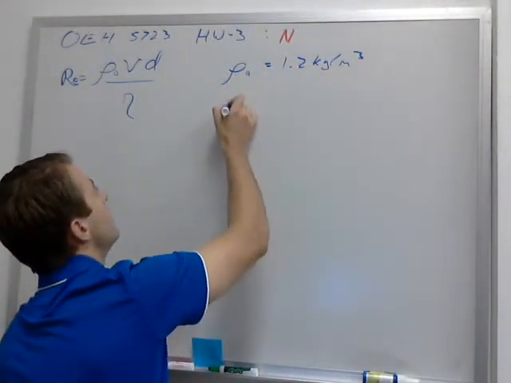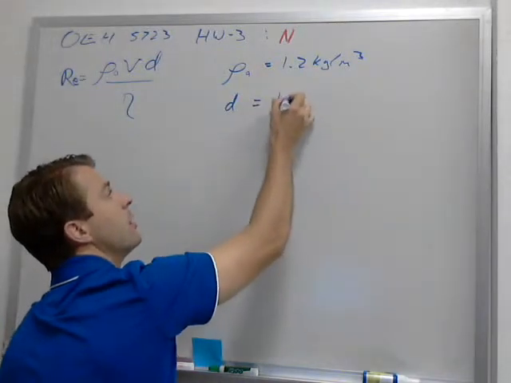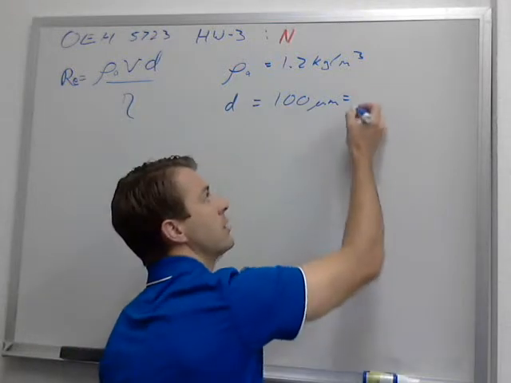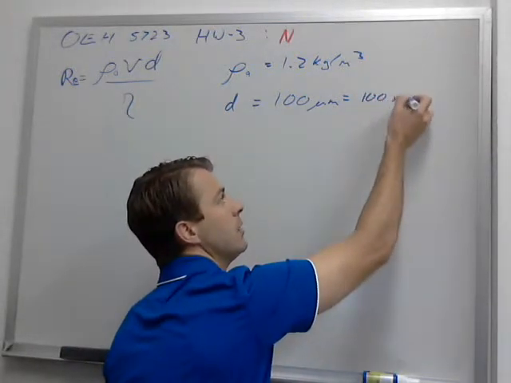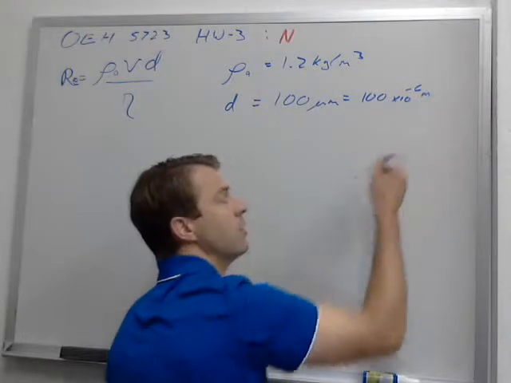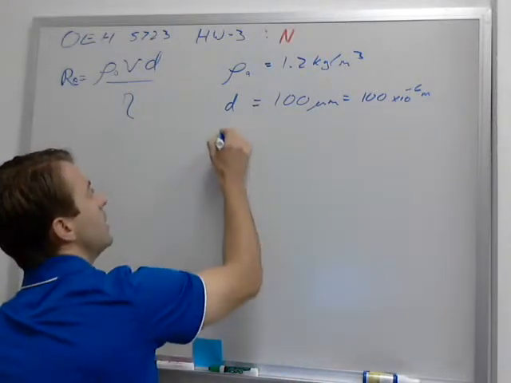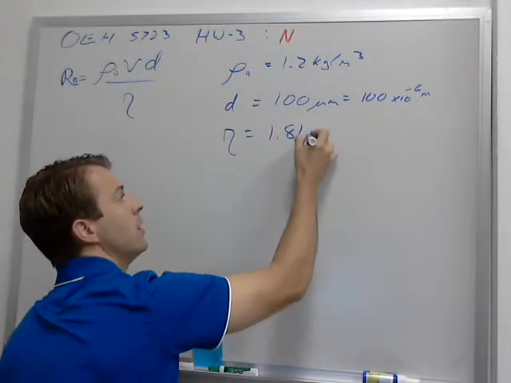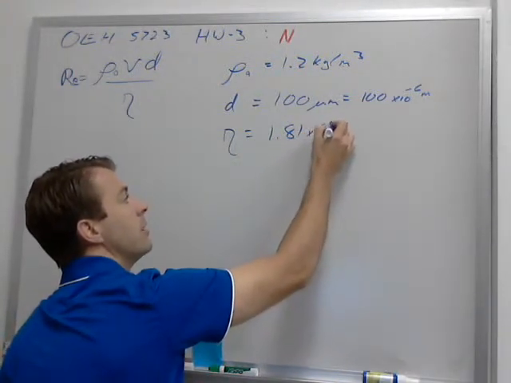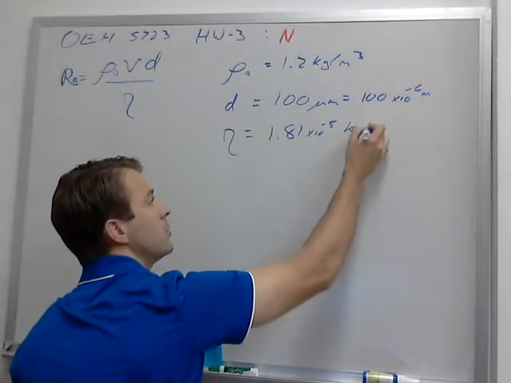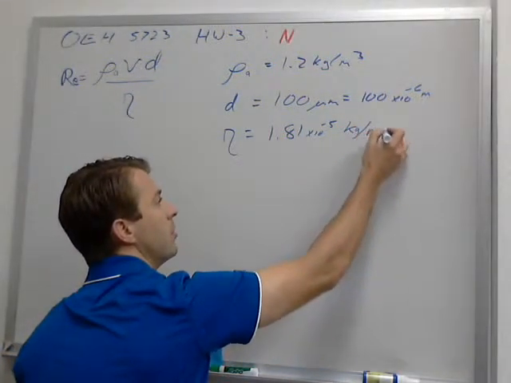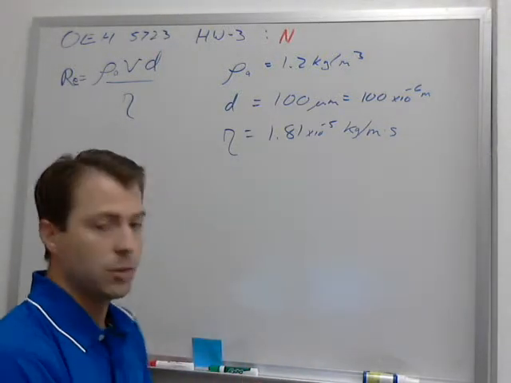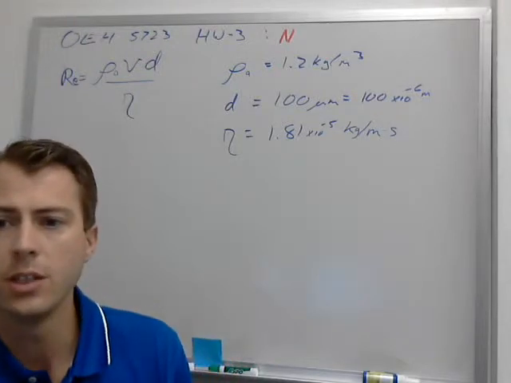The diameter was given as 100 micrometers, which I usually just like to express as 100 times 10 to the minus 6 meters. And then our viscosity of air is 1.81 times 10 to the minus 5 kilograms per meter second. So with those constants, we should be able to solve this really quite readily.